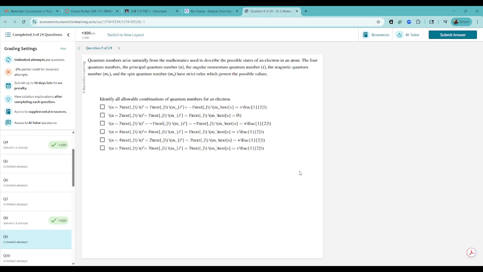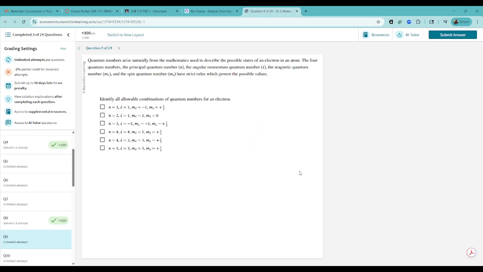The same thing here. Which of these are allowable? The rule is n can be any value. L is any value from 0 to n minus 1.